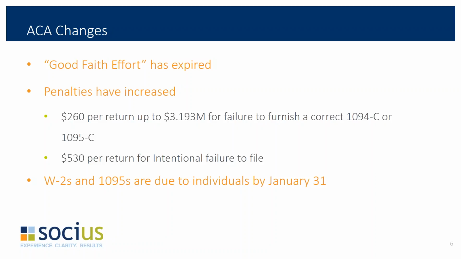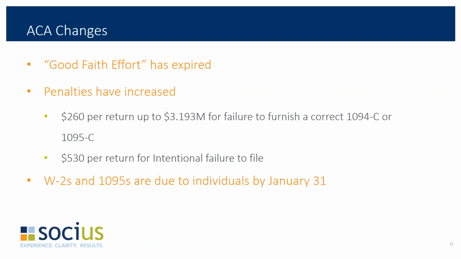One of the big changes: penalties have increased. Previously, I believe it was $100 per return. It's now $260 per return, up to a company maximum of $3.93 million for failure to furnish. Again, that's corrected 1094s, 1095s.